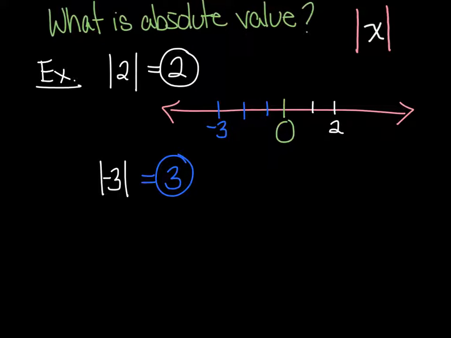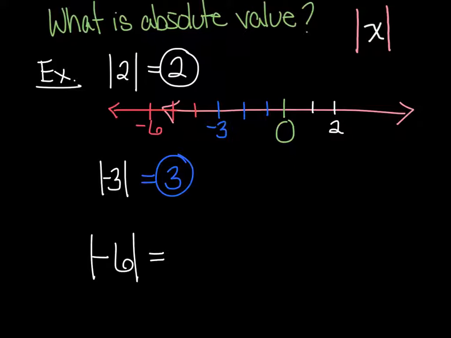Okay, we'll do one more. How far would, say, negative 6 be from 0 on the number line? Or what is the absolute value of negative 6? Okay, we mark this on the number line. Negative 4, negative 5, negative 6 would be somewhere down here.